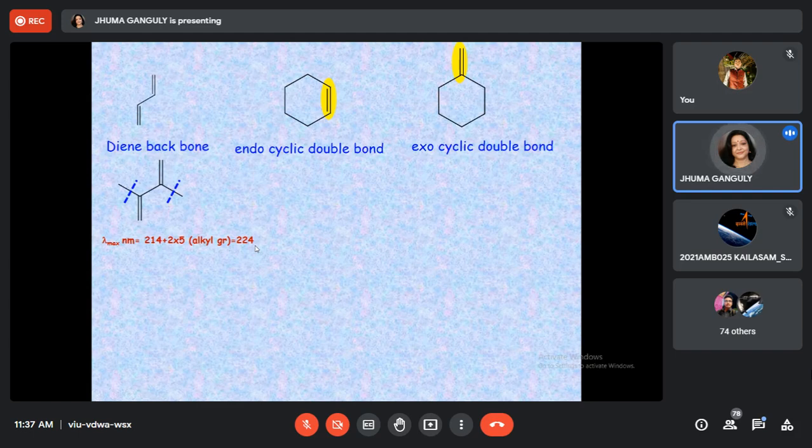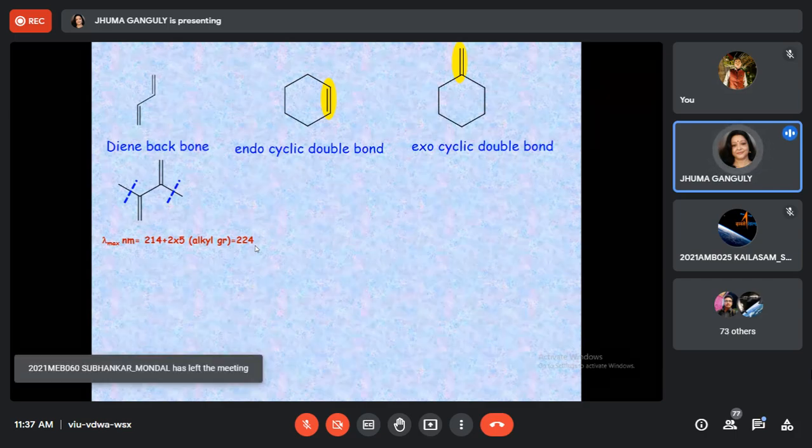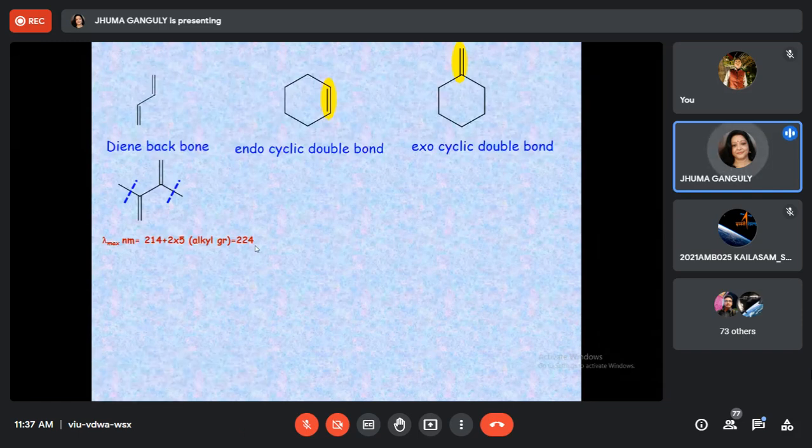So by observing the molecule, by drawing the molecule, you can guess the value. Then you run the sample in UV. If it matches, then you can think your structure is okay. If not, you can rethink the structure, pi bond conjugation etc. So this is actually a more reliable rule to understand the molecule.